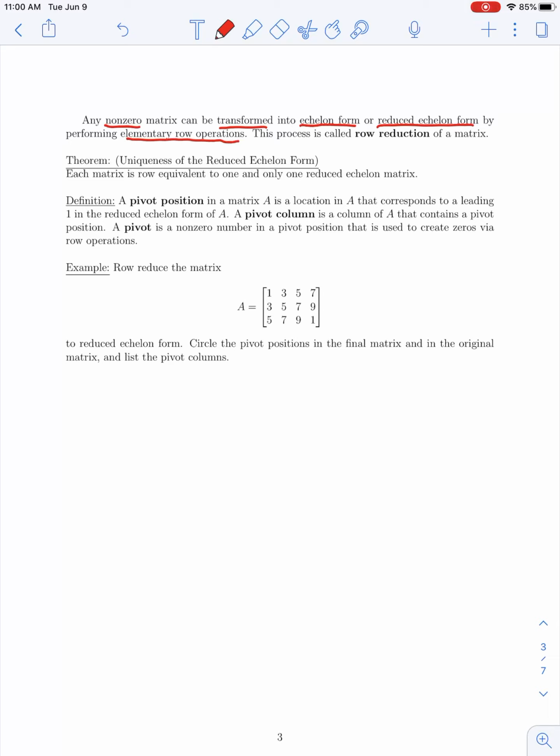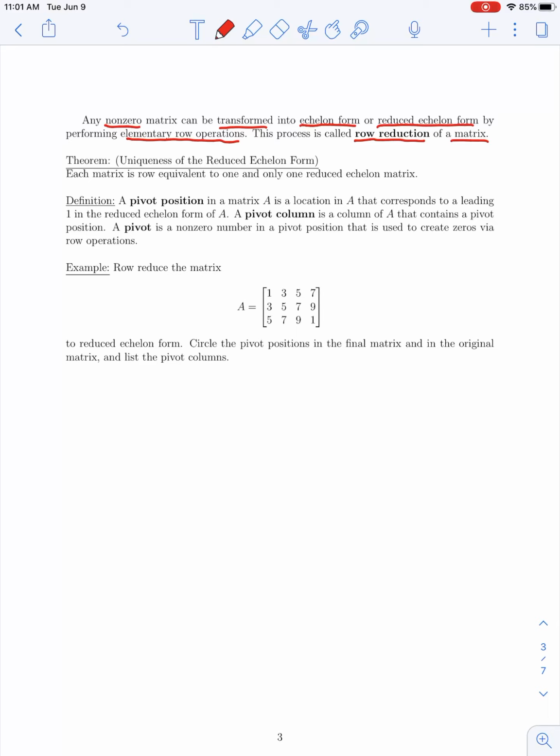Those are the 3 operations that we saw in section 1.1. So interchanging 2 rows, multiplying any row by a non-zero scalar, or adding or subtracting scalar multiples of one row from another. Now this process of forcing a matrix to be in either echelon form or reduced echelon form is called row reduction of that matrix.